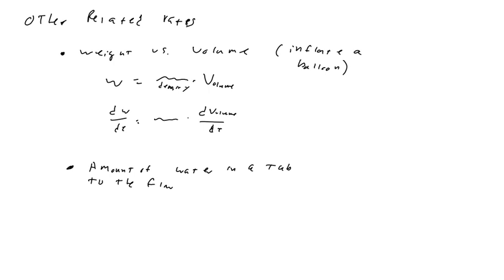Like how high you turn on the spigot. If you turn the sink on slow, you're filling up a cup, it's going to take a lot more time. Turn the tap on faster, it's going to fill the cup up faster. So the volume of the water in a tub or a cup or whatever, compared to the rate of change. It's almost like volume, right? The amount of water.